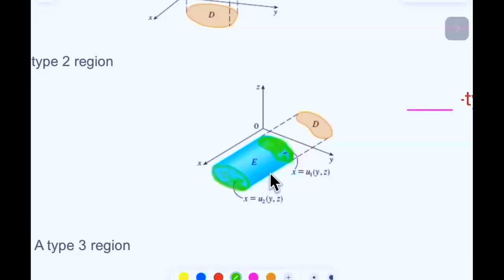Bounded on one side by this surface and on the other side by this surface, the X over here. So this is U1, this is U2. So X is bounded by the surfaces U1 and U2.